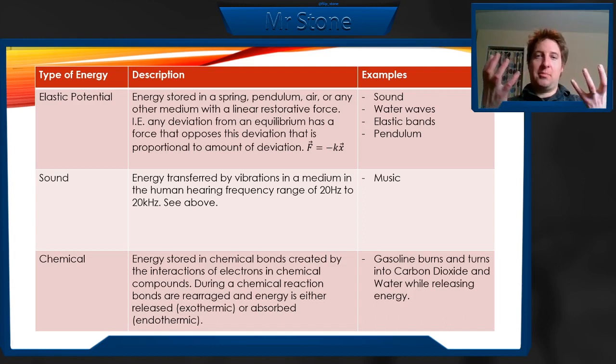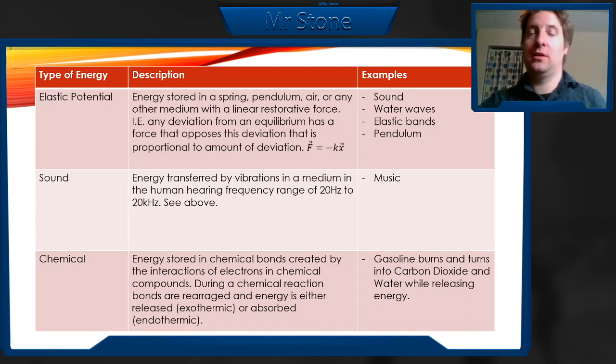So if I do something to rearrange the atoms and their bonds, they have to either absorb or release energy. Whenever atoms are rearranging their molecules, breaking bonds, they can release energy. If they release energy, it's called exothermic. If they absorb energy, it's endothermic.